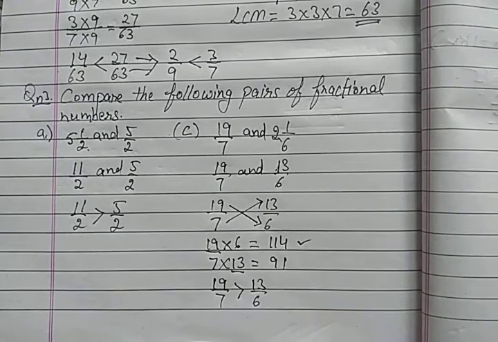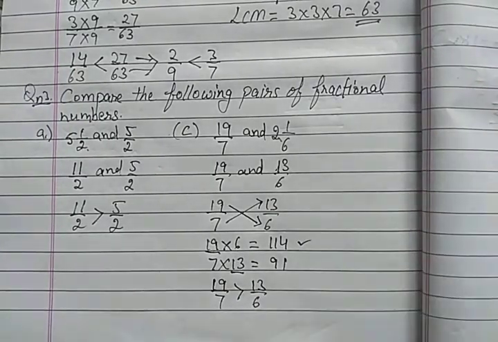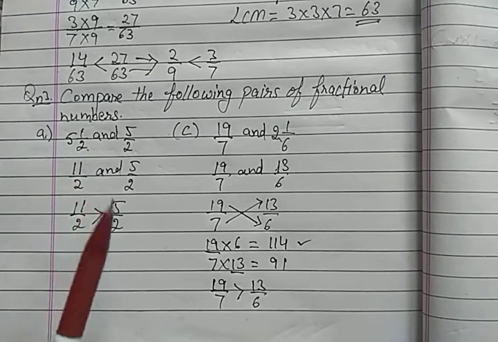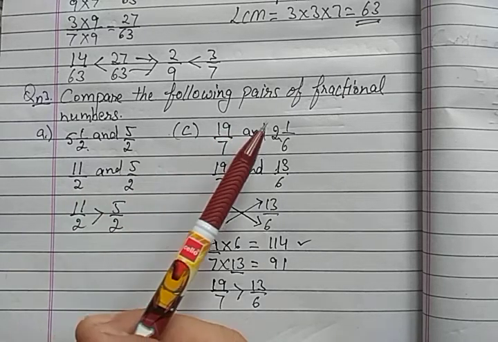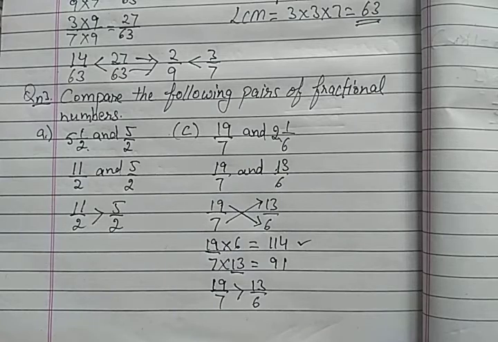So in this way we can compare the fractions. So you can do the remaining part of question number 3, that is D, E and F part. The only thing is you have to convert the mixed number into improper fraction and then compare the fractions. Thank you.